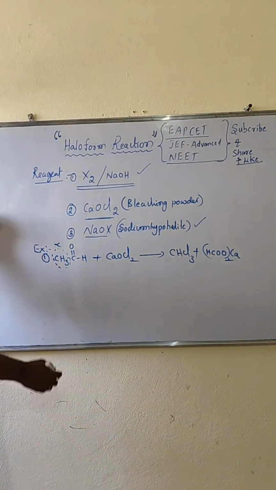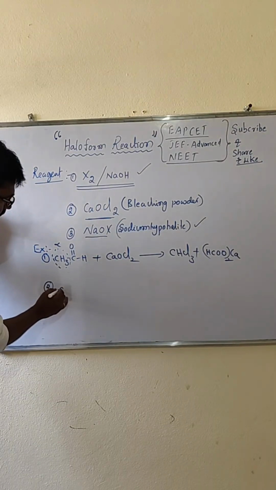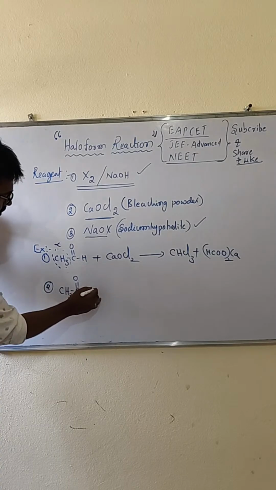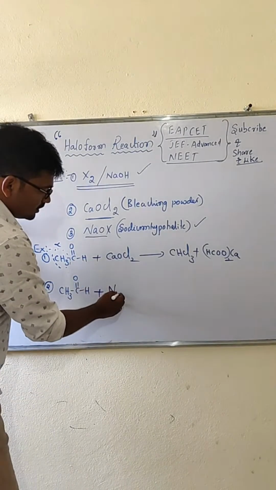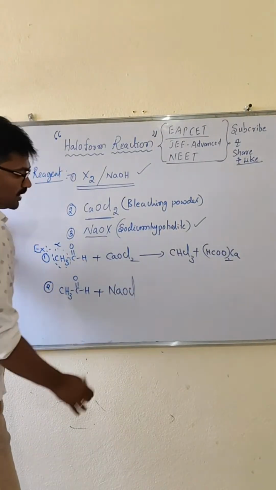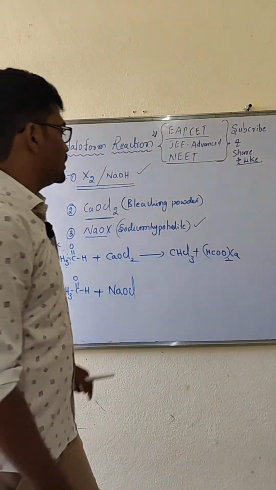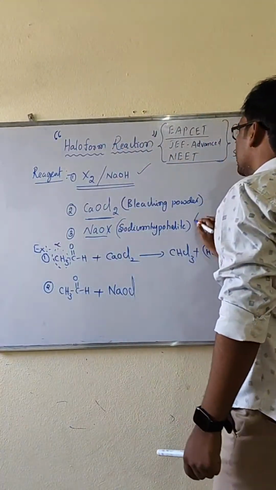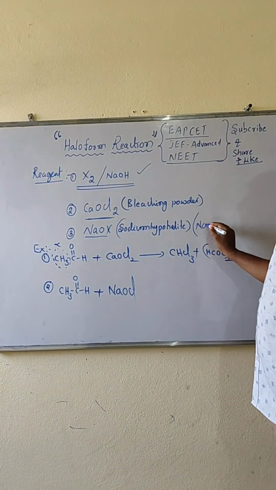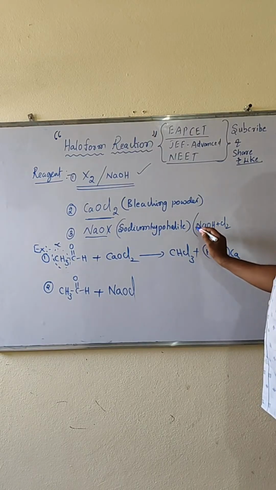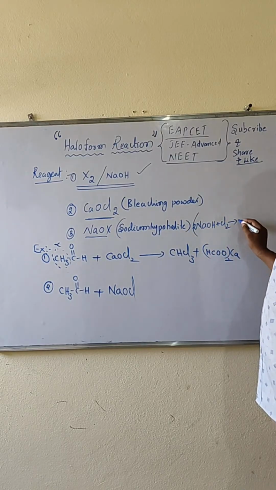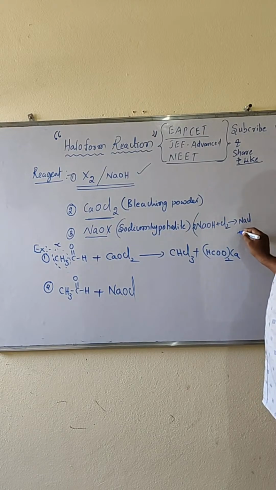Next, the second one: CH3, then C double bond O, then H. If you use sodium hypohalite, say NaOCl or NaOBr, how is NaOCl formed? Say for example, when NaOH is treated with chlorine, 2 moles of NaOH give NaCl and NaOCl.